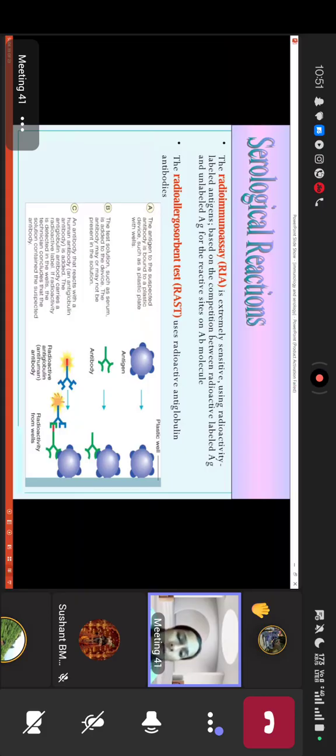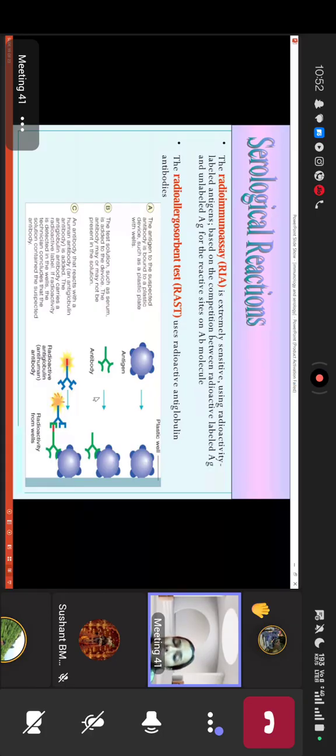Next is your radioallergosorbent test, which uses radioactive anti-globulin antibodies. In the image, this is your antigen, with the suspected antibody bound to a plastic device, such as a plastic plate. So here antigens are coated.